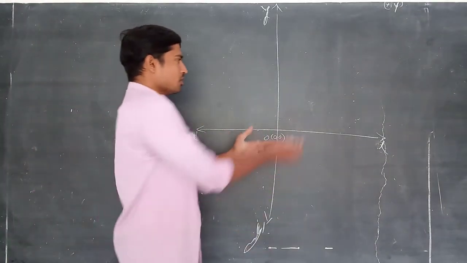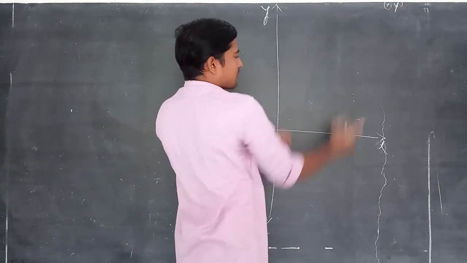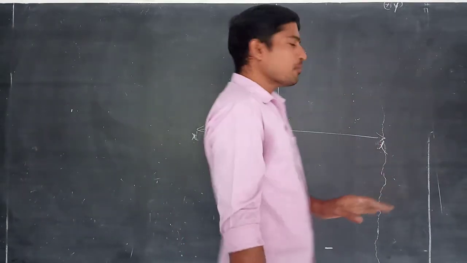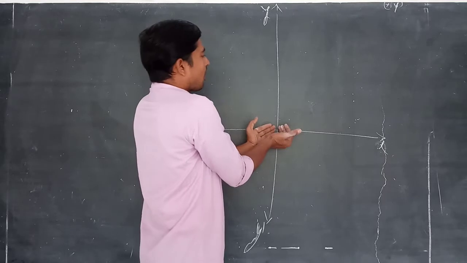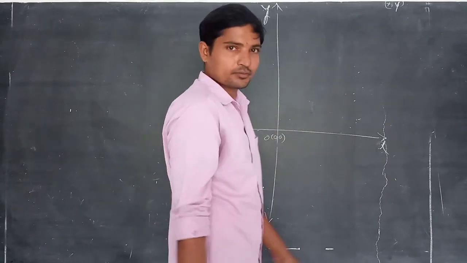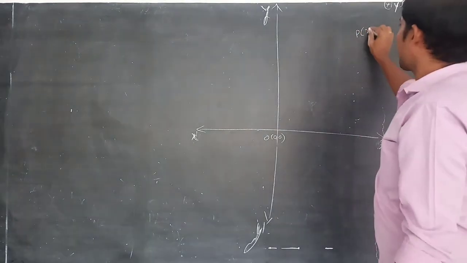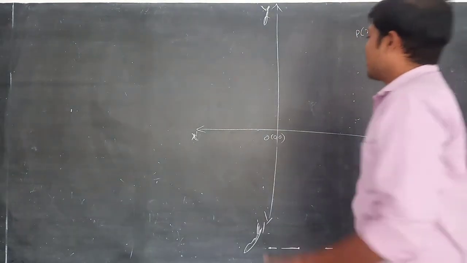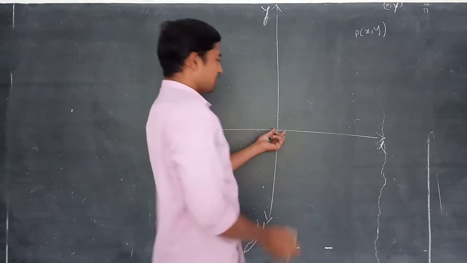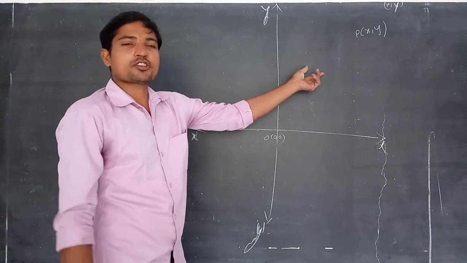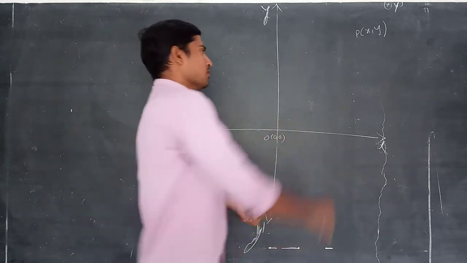Here, without changing the direction, otherwise that's a left or right, we are not changing the direction, but we are shifting the origin to some other point. Let us suppose we take any point on a plane x comma y, and the origin is here, which will be shifted to some other point without changing the direction of the axes.